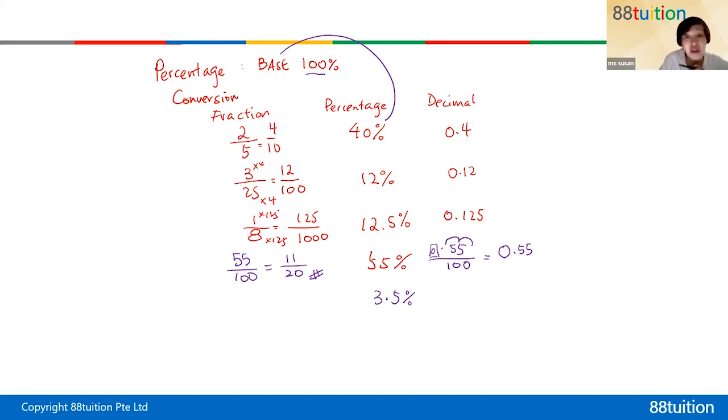So what can you do? Do the same. Percent is always out of 100. Then you say 3.5 over 100, and change it to the simplest form. Do you think 3.5 over 100 is considered a fraction or not? Definitely not. So what can you do?